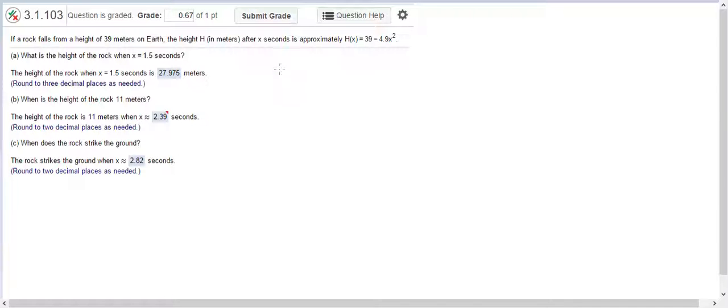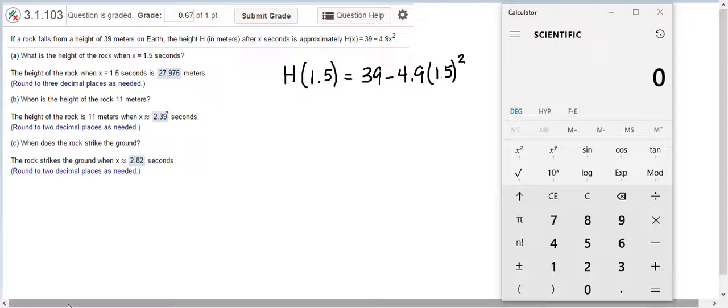Alright, that's pretty straightforward. That's just h of 1.5. So we're going to go in and put 39 minus 4.9 times 1.5 squared. Let me get my calculator here. We have to be careful as we enter this in, and use parentheses if you have this kind of calculator.